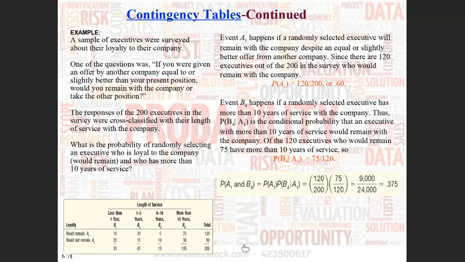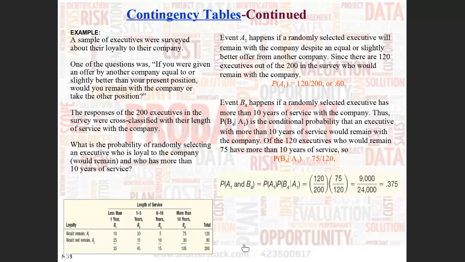What's the probability of somebody with more than 10 years of service who wants to remain? What do you have to do? Exactly, Wellington. 75 divided by 200, which is? What's 75 divided by 200? 37.5%.